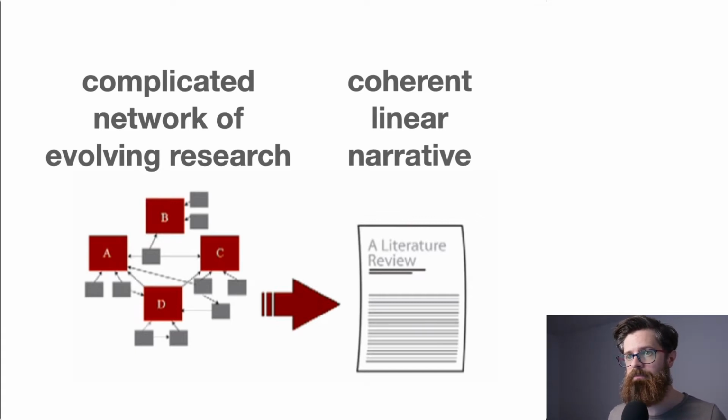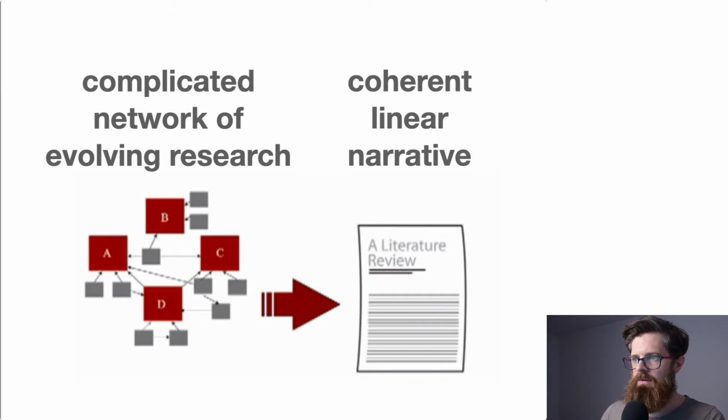writing it down. In my mind, what you're doing is you're taking a complicated network of evolving research, some of which might be conflicting, and you're essentially squeezing that through your brain in order to create a coherent linear narrative.